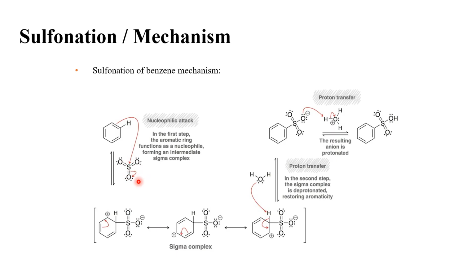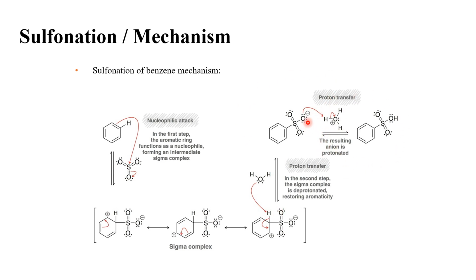The electrons are going to bounce up to the oxygen, and now you form your sigma complex, where, again, this carbocation that you formed is resonance stabilized. Eventually water from sulfuric acid is going to pick up a proton, because water could act as a base. We've seen that before. To restore aromaticity, and you get your product.